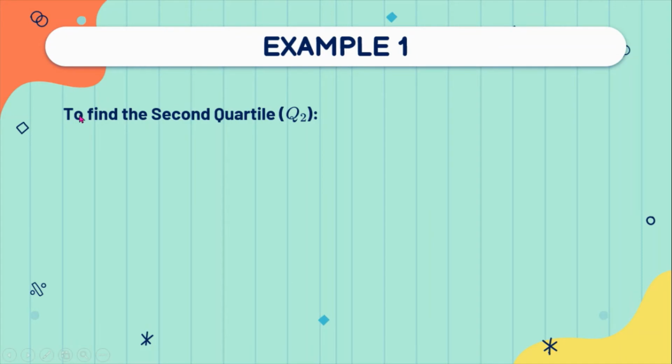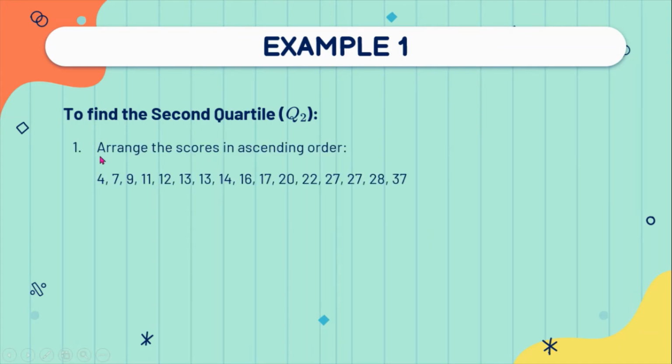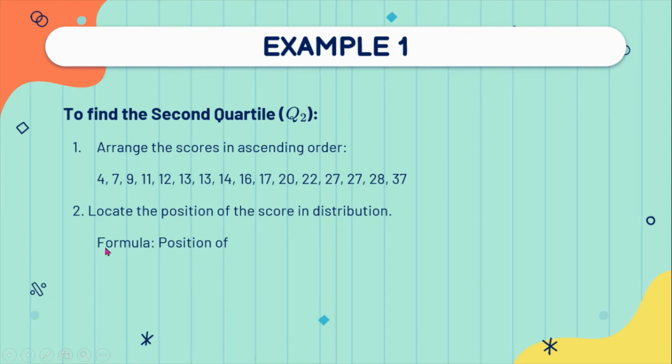So next, to find the second quartile or the Q sub 2, first, arrange the scores in ascending order. This is already in ascending order. Next, locate the position of the score in the distribution. Using this formula, the position of the Q sub 2 or the second quartile is equal to 2n over 4 plus 1/2. Our k here is 2 since we are looking for the second quartile.